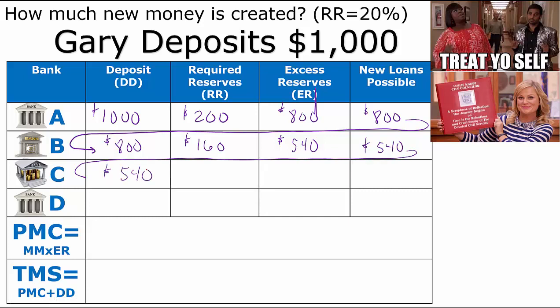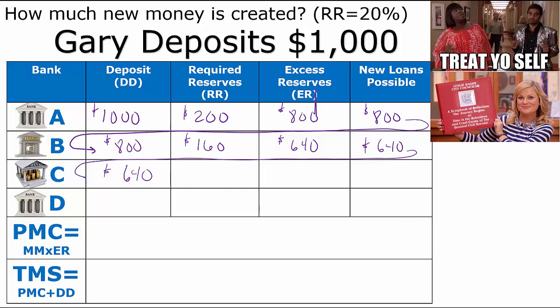Maybe I should get out the old calculator here, make sure I'm doing this right. Actually, is it 540? Wait a minute, it's 640. I'm a knucklehead. Hopefully y'all didn't screw this up like I did. There we go, 640 and 640. Got it fixed.